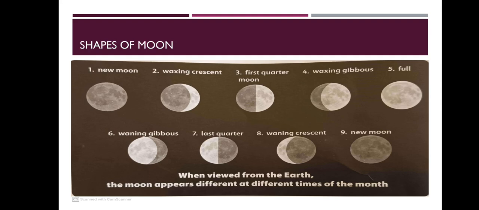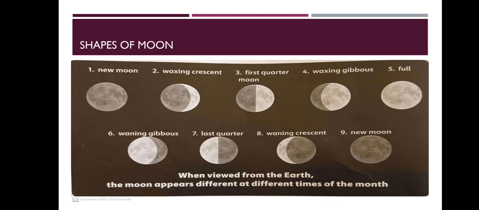It is less than half and more than quarter, but you can see that waxing gibbous and waning gibbous are opposite in direction. Then there is last quarter. After waning gibbous, a half moon is shown, and this half moon is last quarter because it is showing at the end of the month.